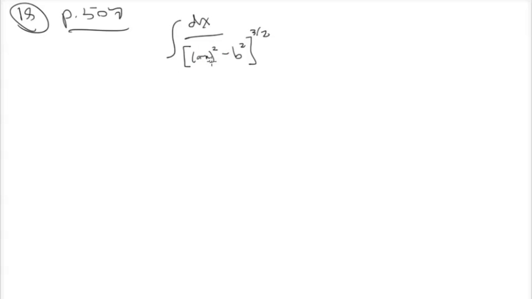So we're going to have to find a way of putting the b into this part of the expression here and then get rid of the a. So we know that we're going to have to do a trig substitution here.